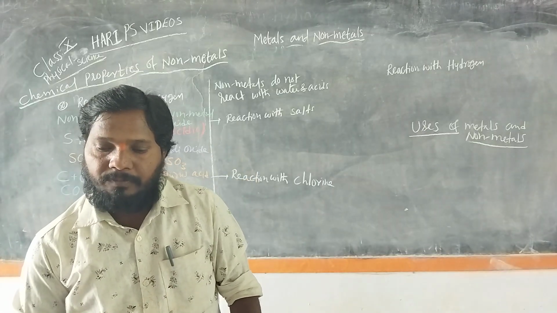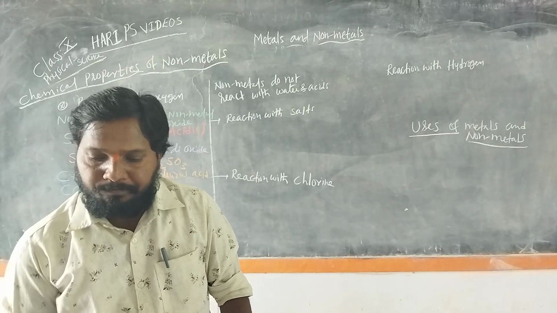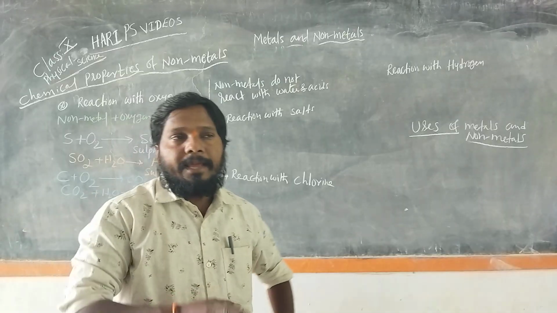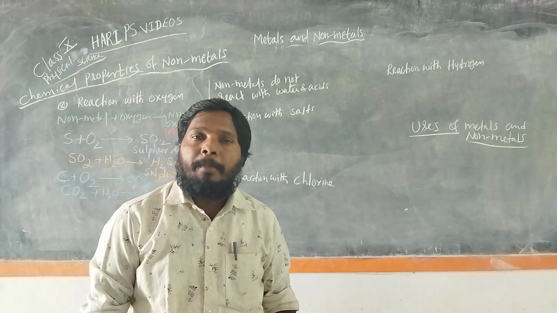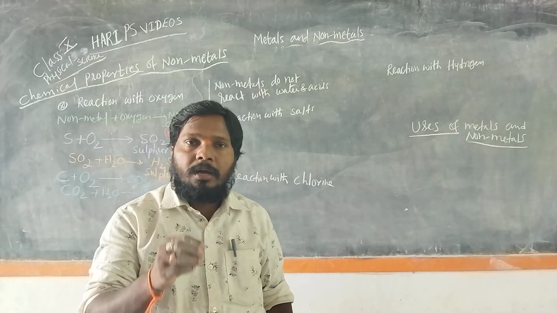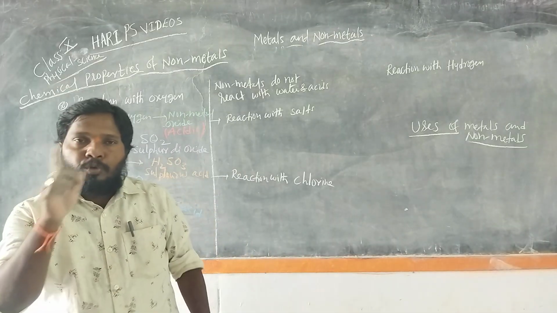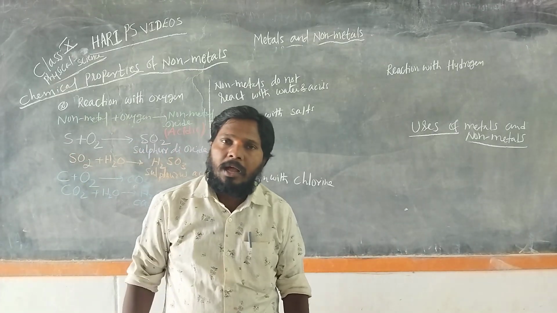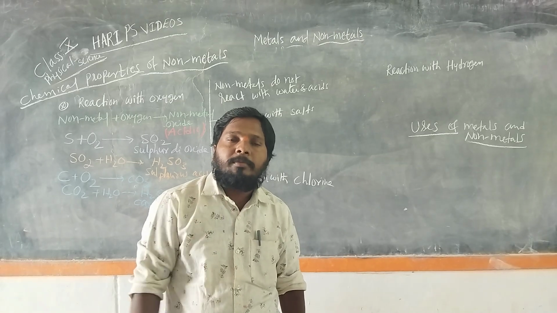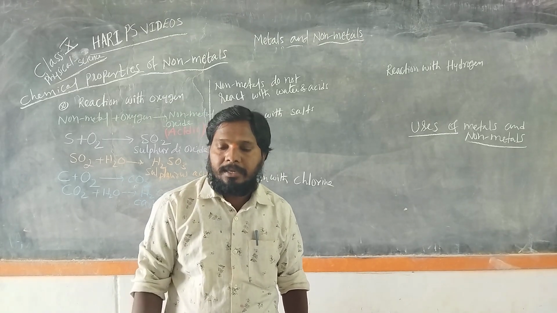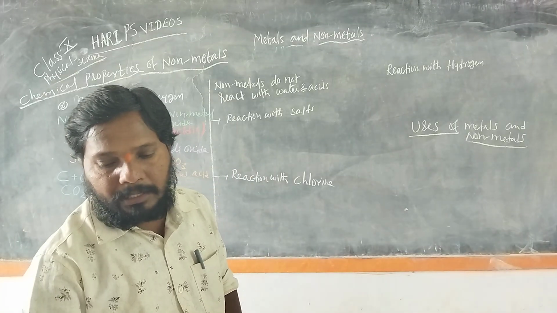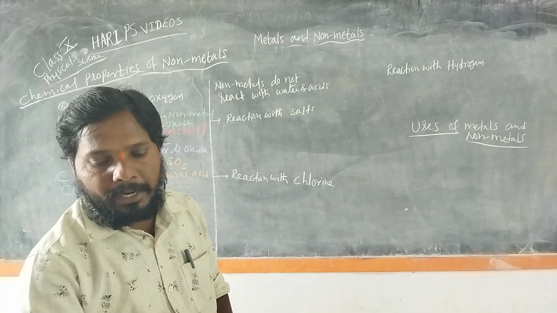So the reaction of non-metals with oxygen gives us non-metal oxides, which are acidic in nature. Their solutions turn blue litmus into red litmus. So these are acidic in nature. Here, one activity is given in our textbook: burning of sulfur.